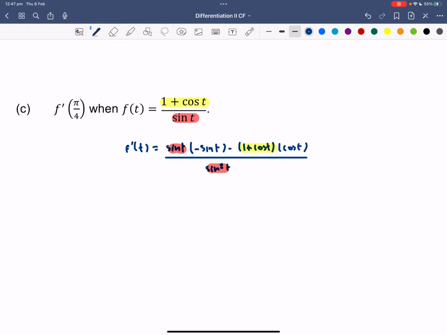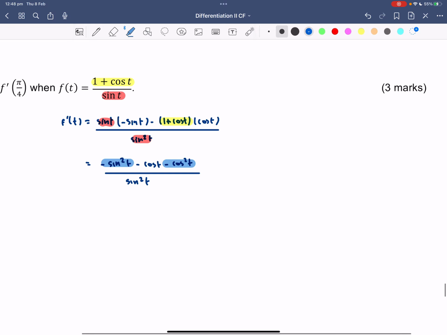I guess I will simplify, it might help. Minus sine squared t minus cos t minus cos squared t. Be careful, the minus carries on, okay? It would have been easier if you wrote the cos here. All over sine squared t. Now, if someone's really, really switched on, they'll notice that they have a minus sine squared t, take cos squared t.